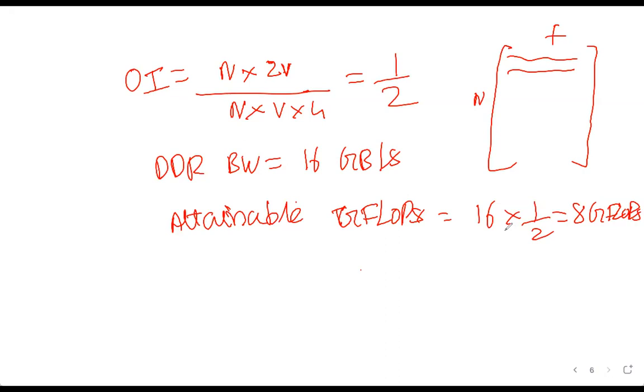Sir, just one question. In this operational intensity, the numerator is the number of operations, right? So n into 2v, what's that? v is the dimension of the vector.